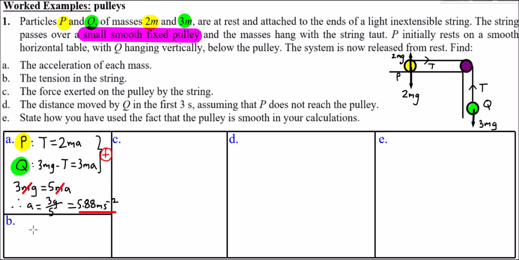Now B. For B, what we need to do is find the tension in the string.